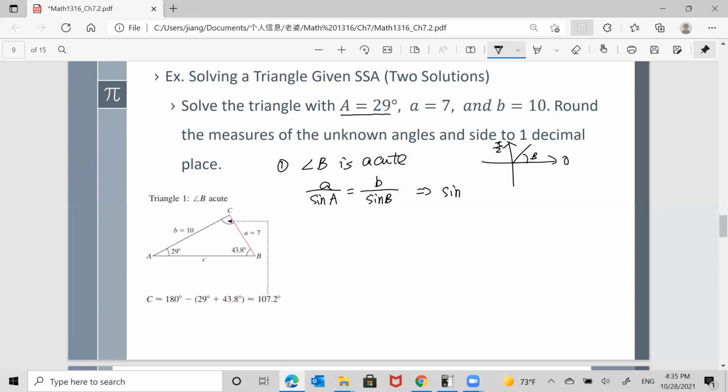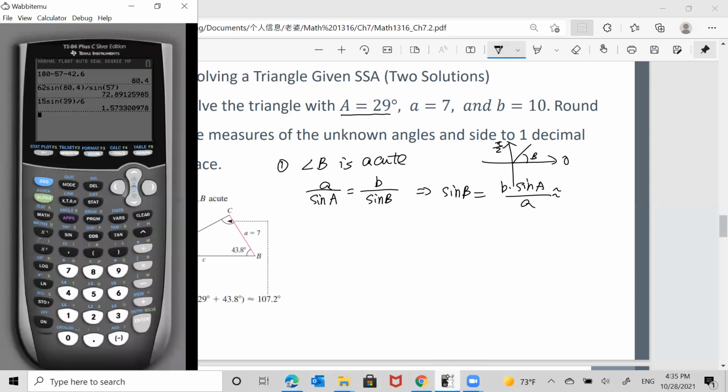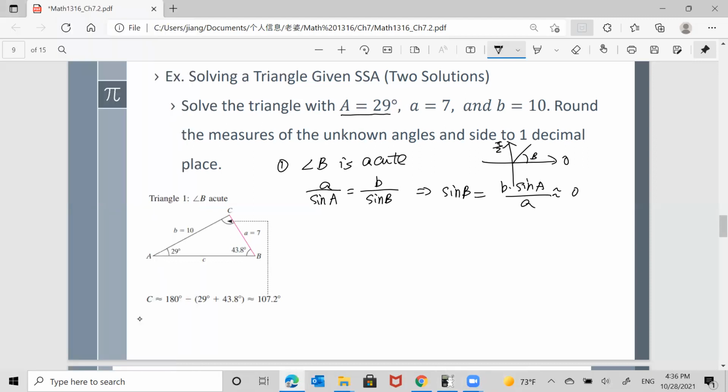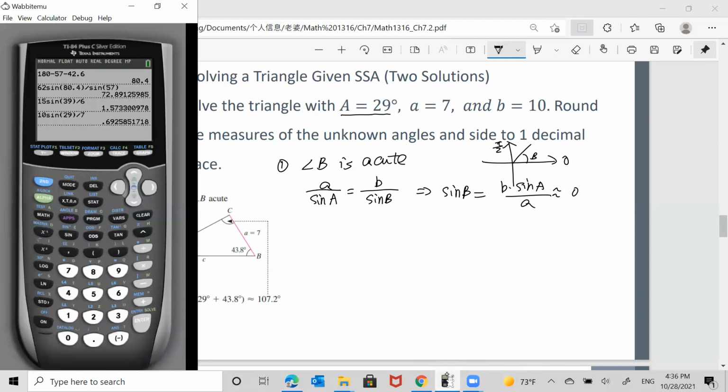Sine B equals b times sine A over a, and plug in the information. b is 10, so 10 times sine A, sine 29, divided by a, which is 7. So it's about 0.6 something. Keep 4 decimals because these are the steps.